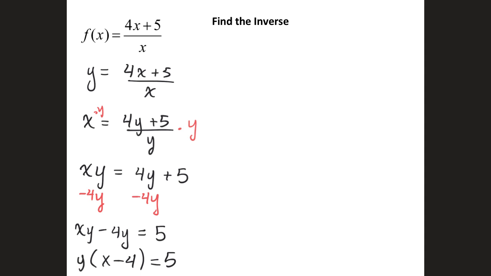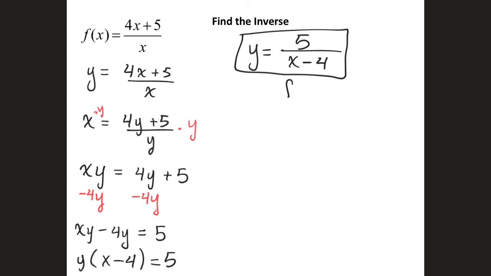So I've just pulled the y out of both terms outside of a set of parentheses. My last step to get y alone is, y is now being multiplied by the factor x minus 4. So I'm going to divide both sides by x minus 4. I said plus 4, but I meant minus 4. And this is my inverse function. Just a reminder, we can notate this by saying f to the negative 1 of x.